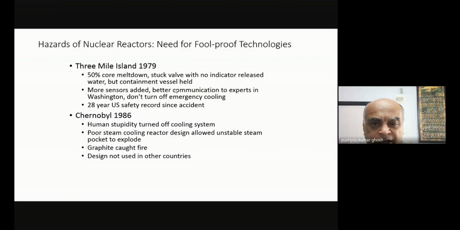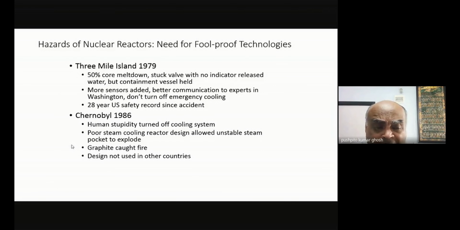It got damaged. And in Chernobyl, there were other reasons; their nuclear reactor is of a different design. And one of the biggest problems was that they used graphite in their reactors, and that graphite caught fire. There were several other things, but let's not go into those details of what exactly happened.